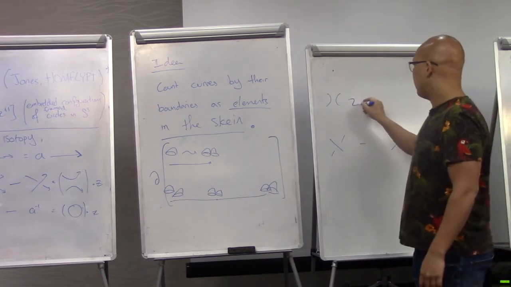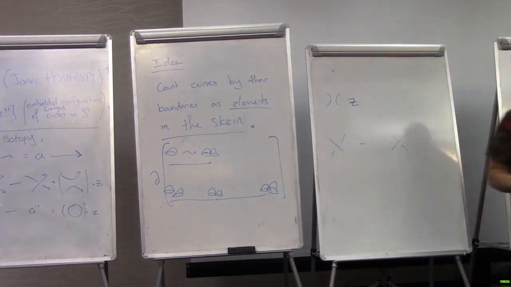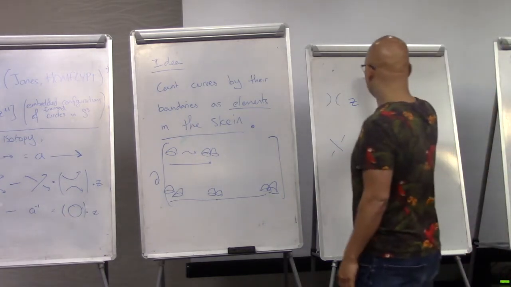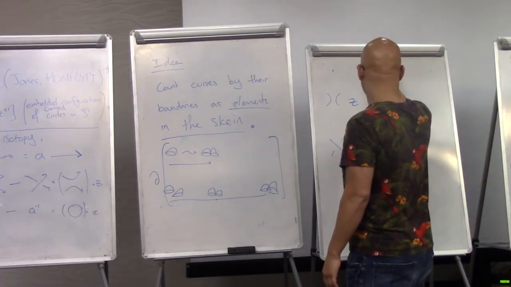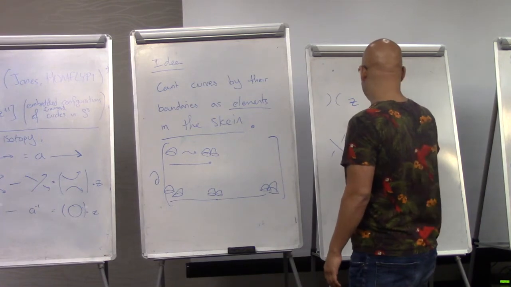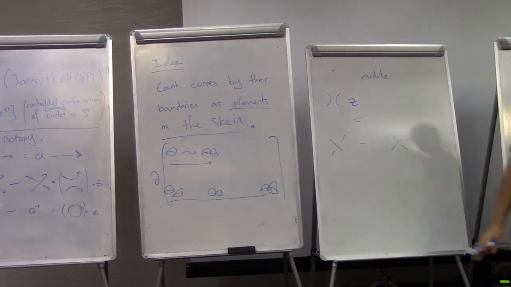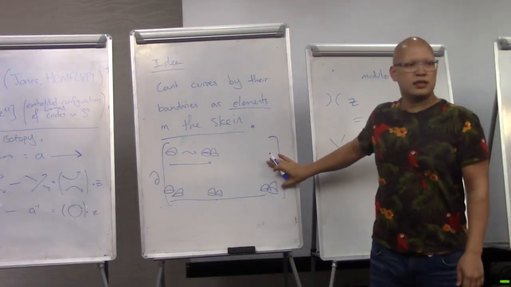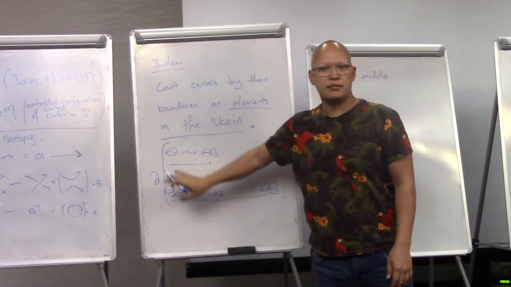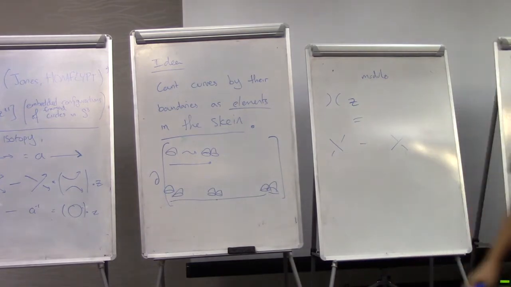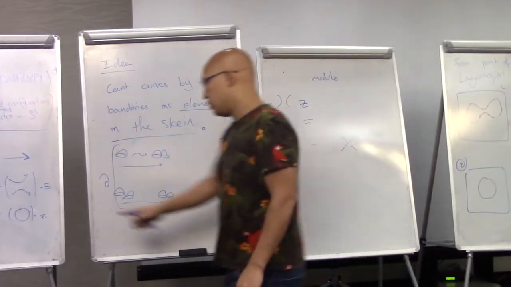So to keep track of that, I write C. So modulo this equation, the count of these curves is invariant. This side equals that side. So that resolved one of the problems. And you've seen that equation.